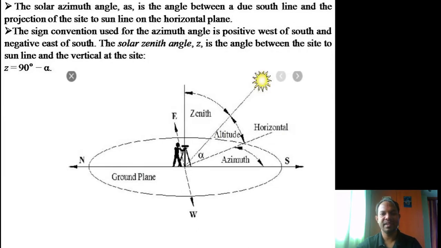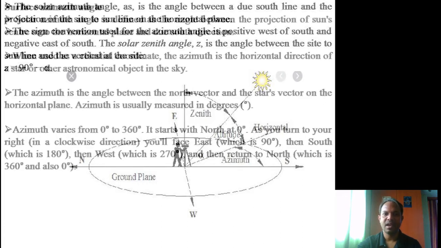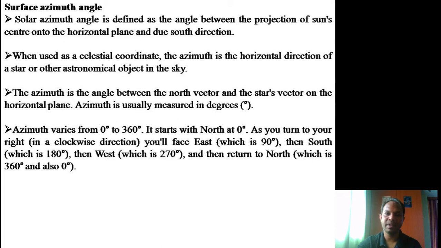You can see the azimuth angle here between south and north. This is a horizontal surface. If you imagine that you are standing over here, this angle is nothing but the azimuth angle. Is it clear?